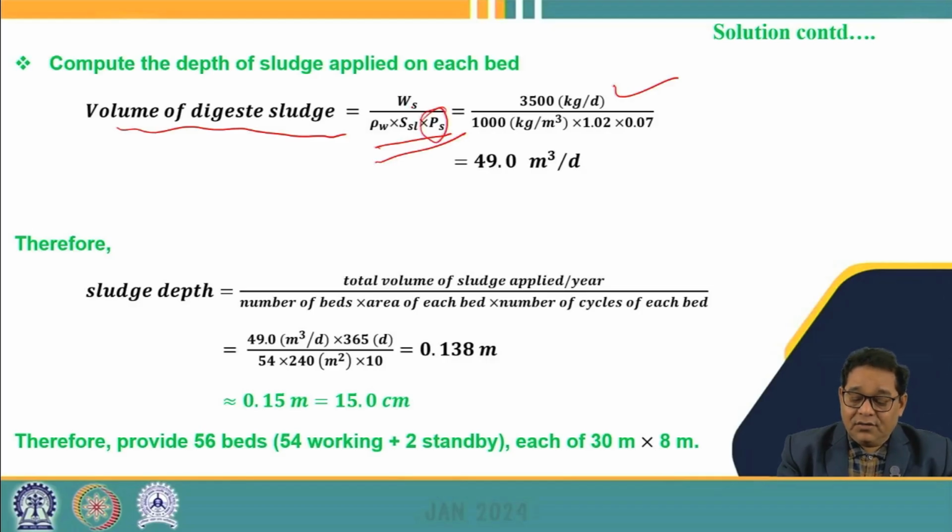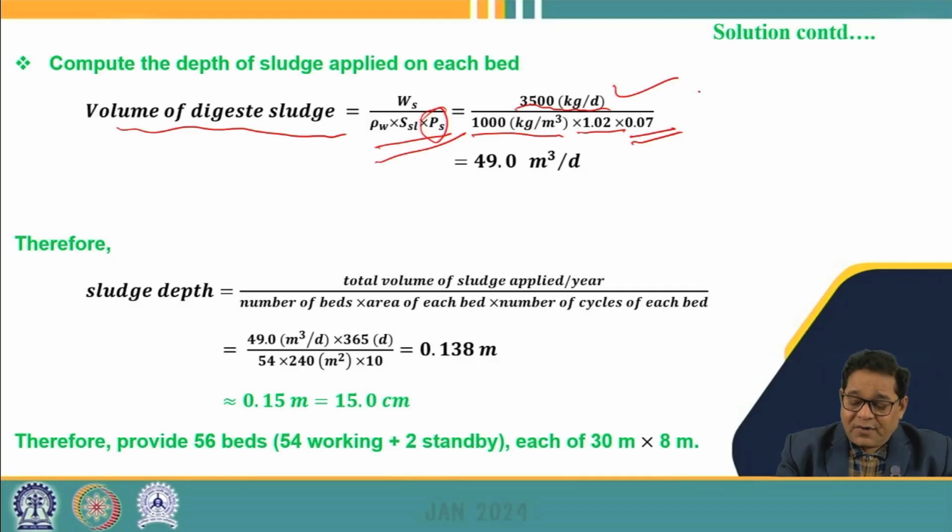We know this data, that is total solids generated, 3500 kg per day, divided by the density of water, which we can take as 1000 kg per meter cube, and then the specific gravity of the sludge, which is given already in the problem, that is 1.02, and then the percentage of solids that is 7%, so we can write 0.07.